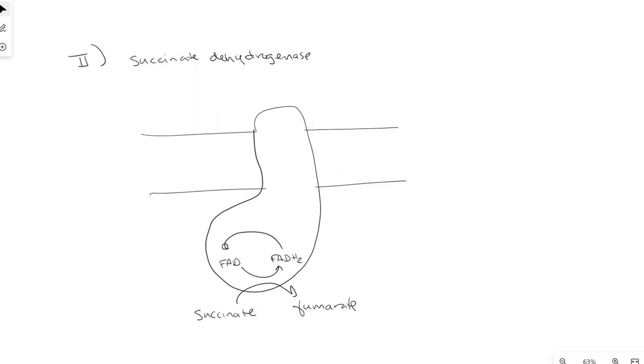Those high energy electrons from the FADH2 can then go through a sequence of downward steps with iron centers and a heme group, or transfer a pair of hydrogens to ubiquinone.